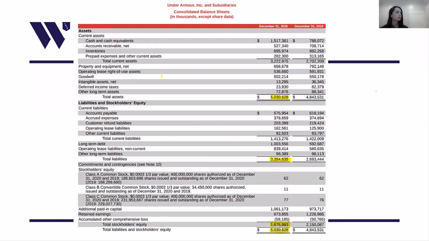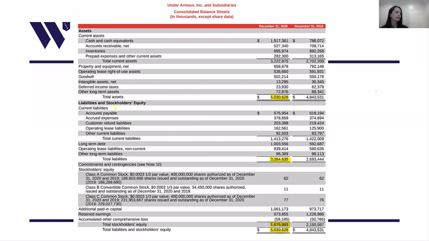And on this balance sheet, we can see even more detail. We can see they have some cash, accounts receivable, inventories, some prepaids, some property and equipment again. They have some items that they have a right to use from a lease, goodwill, and some intangibles. This is important. It shows us the types of assets they're using in their company to run the company.